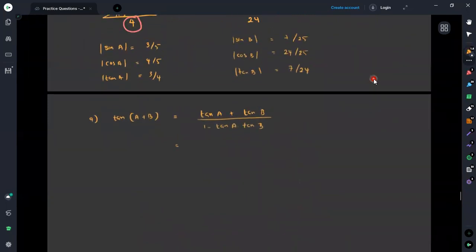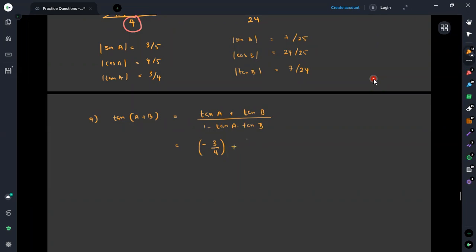Here we have just obtained the modulus of tangent A. Then, combining the quadrant rule, we take tan A as 3 over 4, but a negative value, since angle A is located in the fourth quadrant.